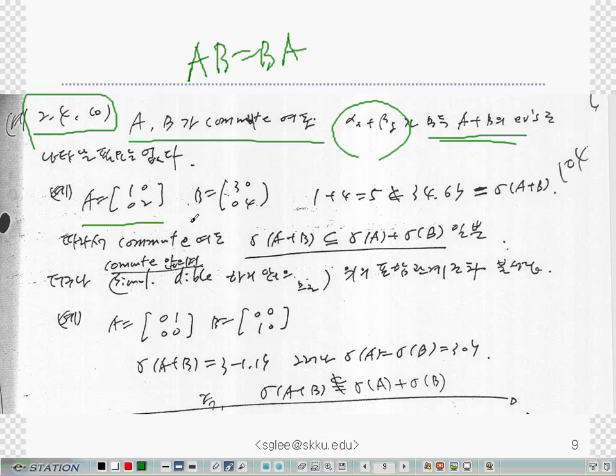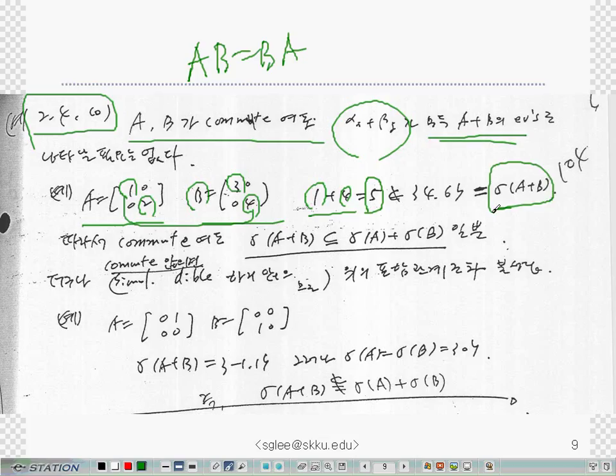Let's see an example. Let A and B be diagonal matrices. If they are diagonal matrices, they definitely commute. But think, what's the eigenvalue of A? It's 1 and 2. The eigenvalues of B are 3 and 4 because they are all diagonal matrices. The addition of those two eigenvalues, 1 and 4, is 5.